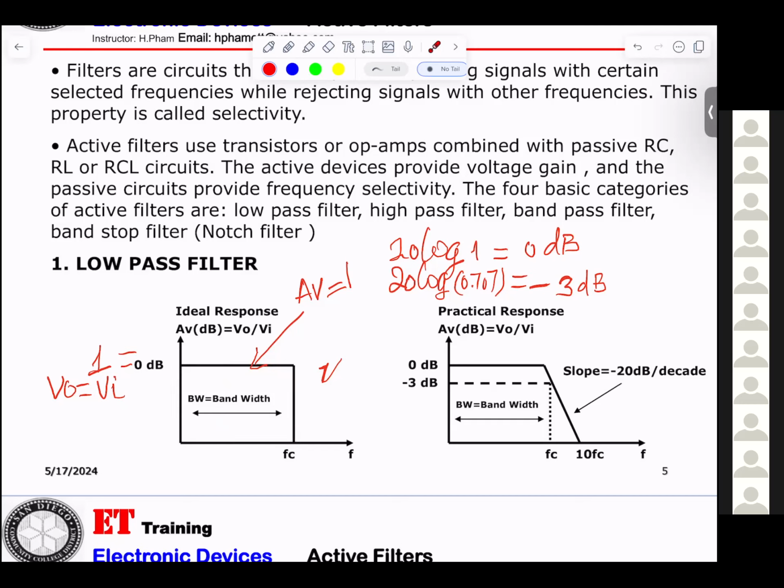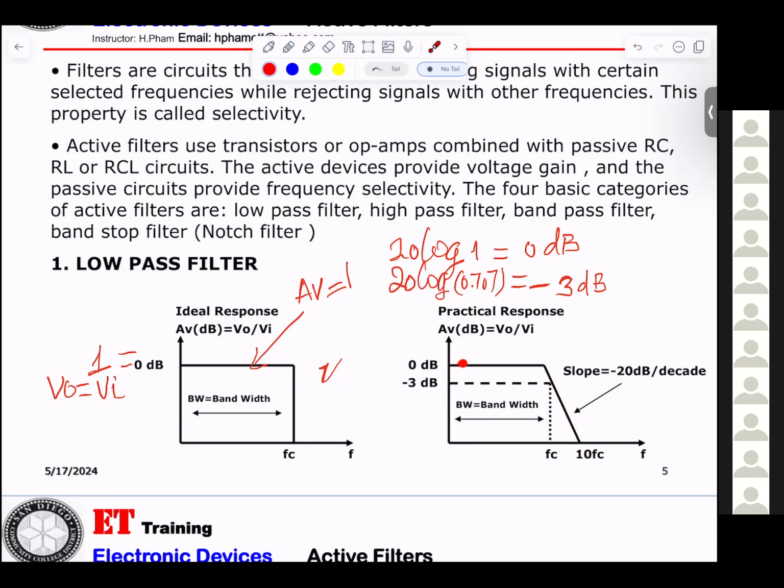Now, you get a cutoff frequency here. So the signal will be transmitted up to the cutoff, and after that the signal will be going down.